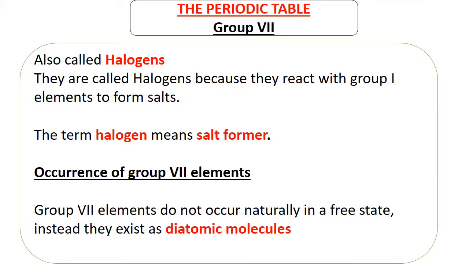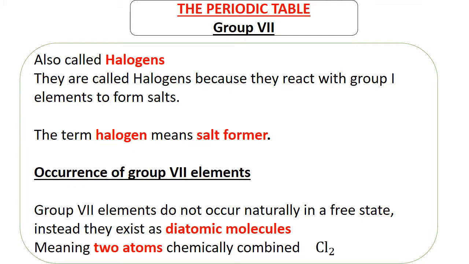For example, chlorine is naturally found as two chlorine atoms chemically combined in a covalent bond. So that's what diatomic means. Whenever you hear of diatomic molecules, just know that usually it's group 7 elements.